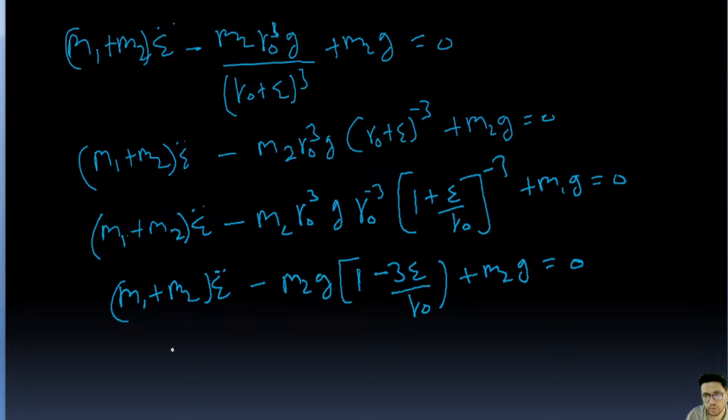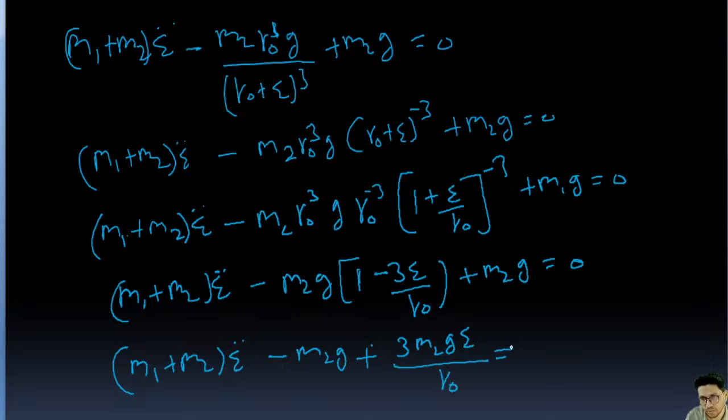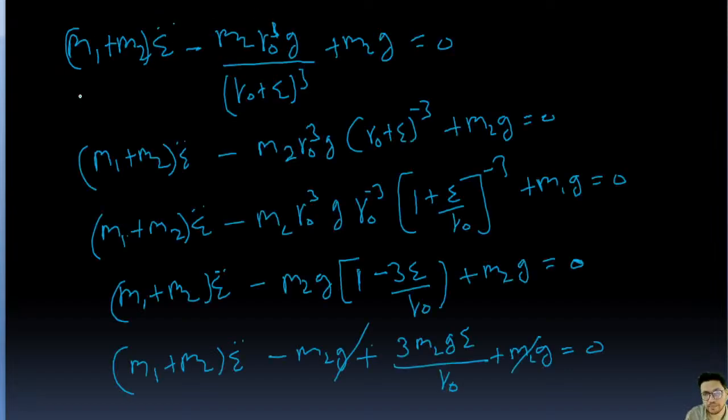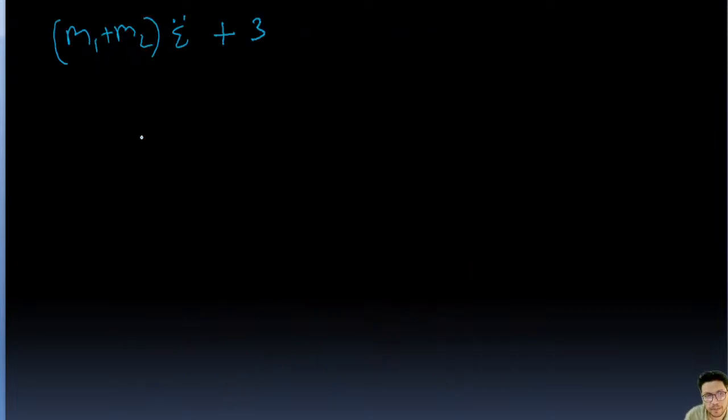So m2g is going to be cancelled, and the equation is going to be m1 plus m2 epsilon double dot plus 3 m2g upon r naught epsilon equal to 0.